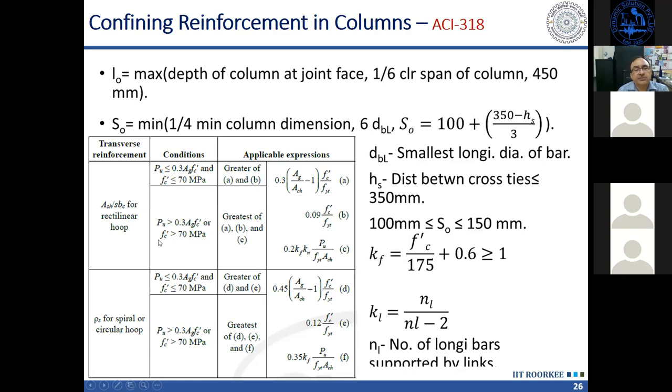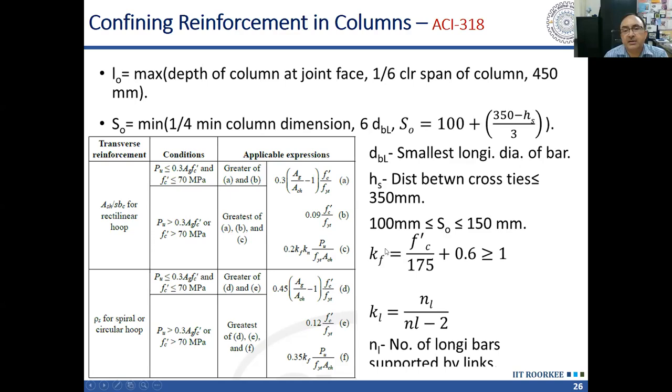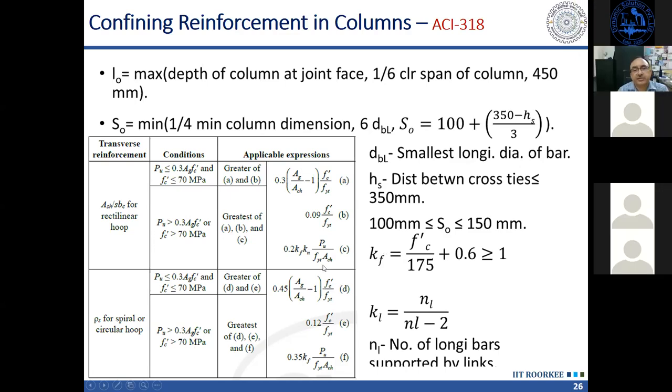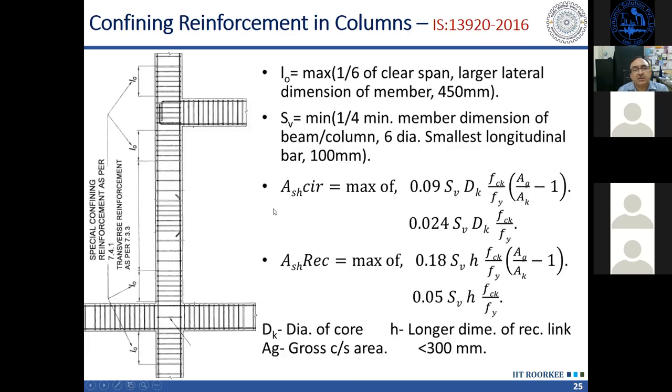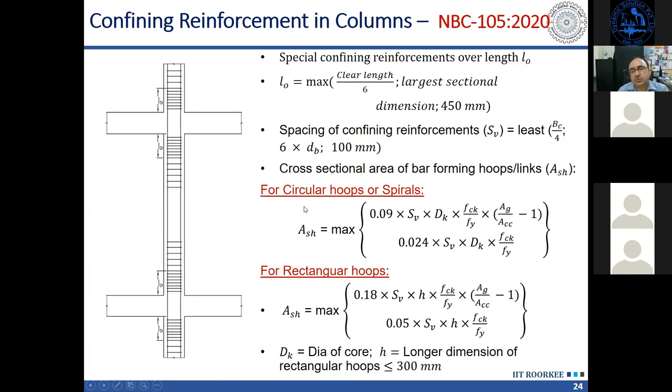And in case of high strength concrete, we have to provide more confining reinforcement. Okay, and it also takes into account the number of longitudinal bars which are supported by the link, the arrangement, and this factor Kf. Okay, Kf and Kn, they are appearing. So this factor Kf, this takes into account the strength of the concrete also, which are missing in Indian and Nepalese code at the moment.